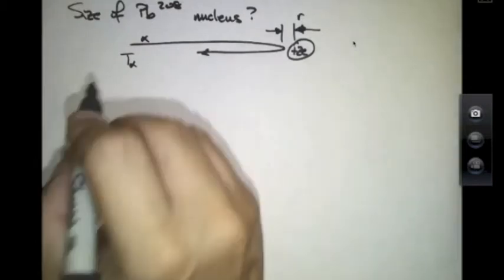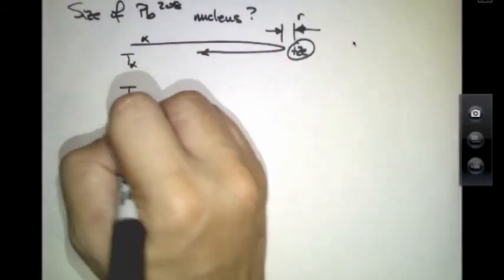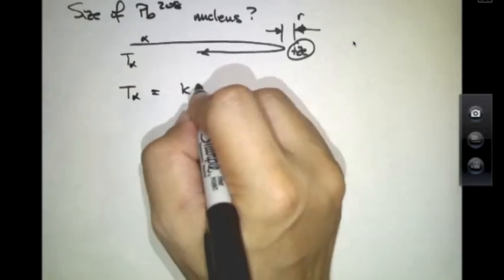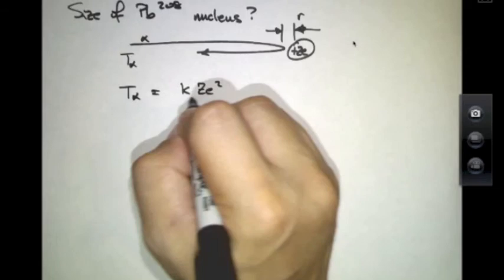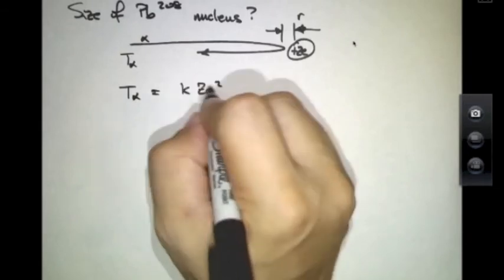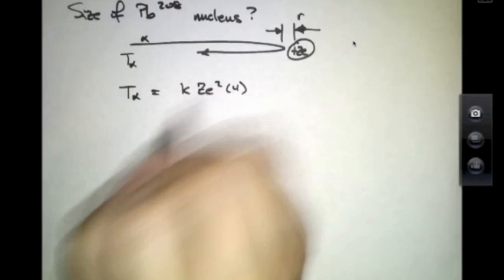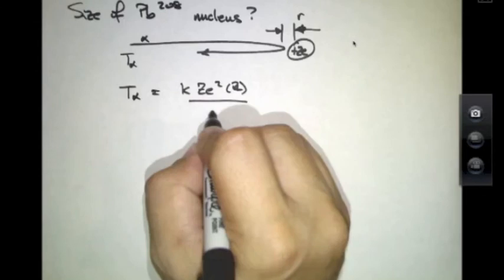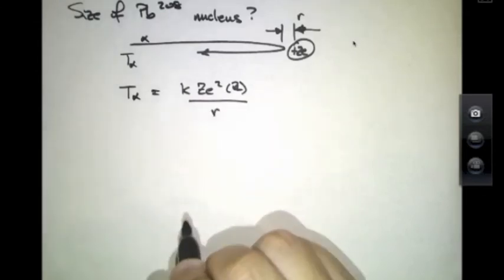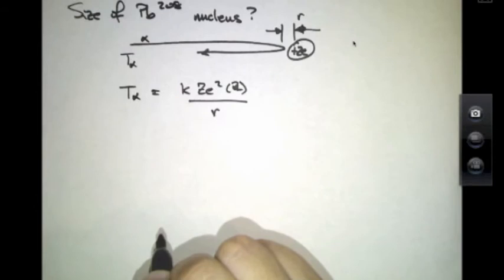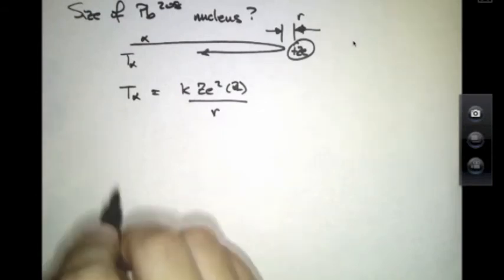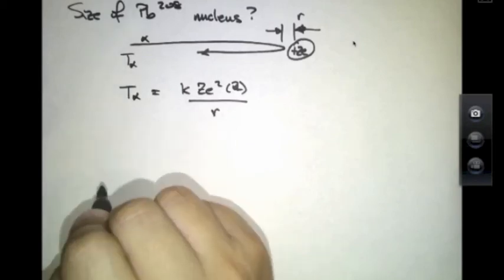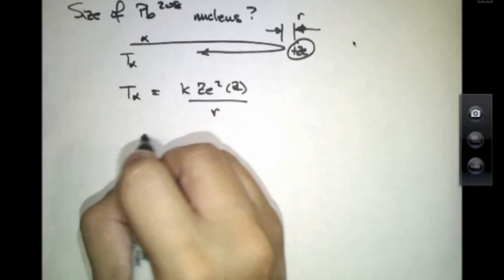nucleus. So this happens at such a point where T alpha is equal to K e squared times 2, because the alpha particle has 2 electron charges, times Z, over R. So this departure occurs for a particular kinetic energy of 27 MeV, and we can calculate what R that would be.